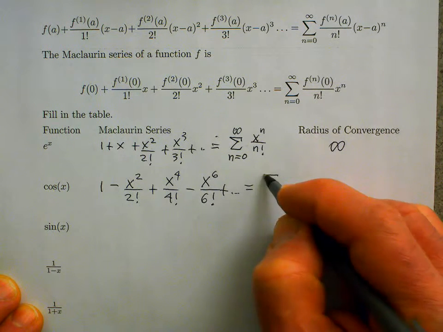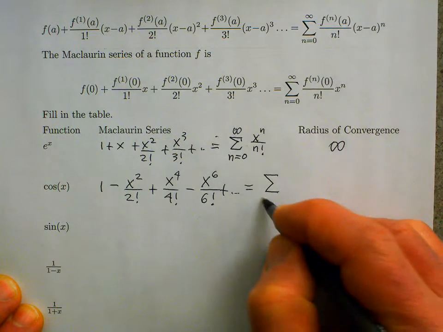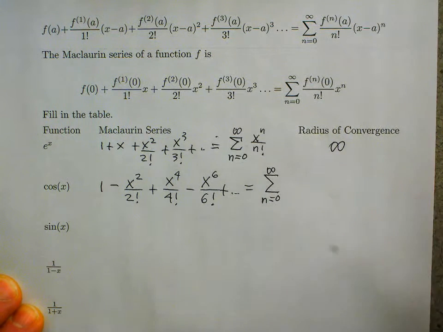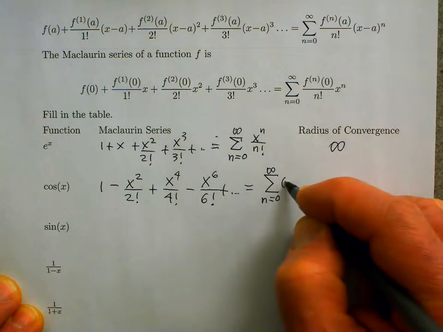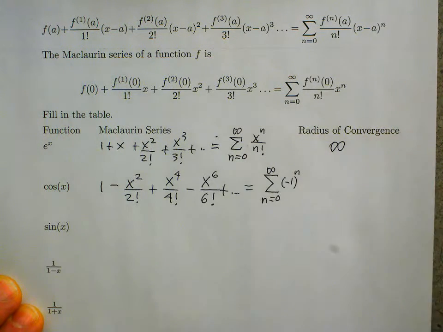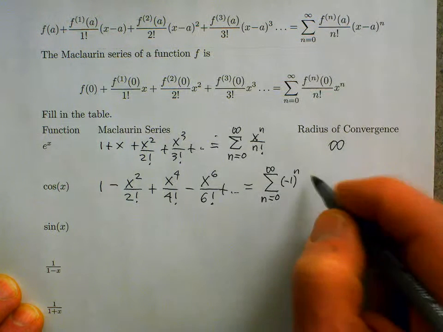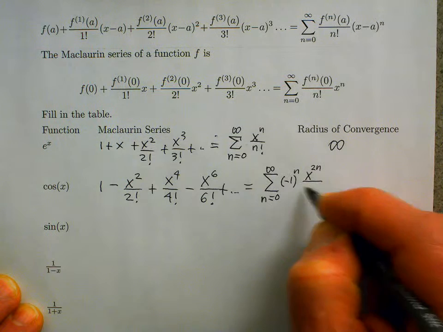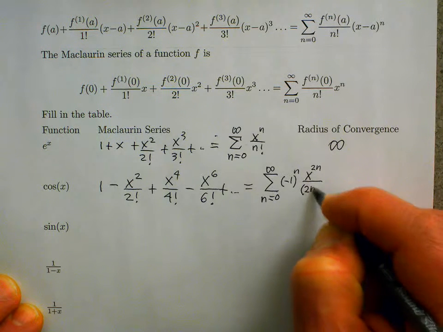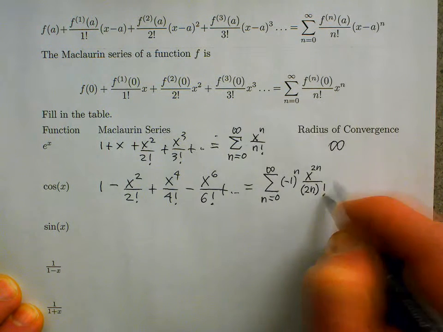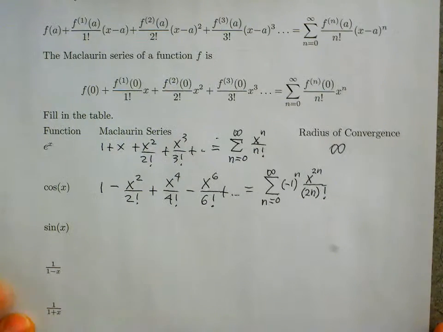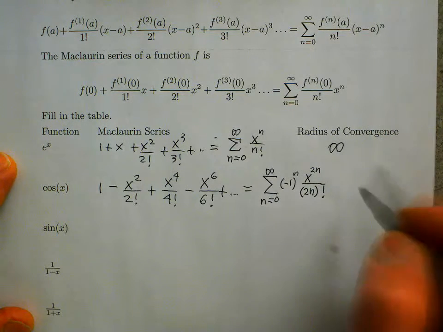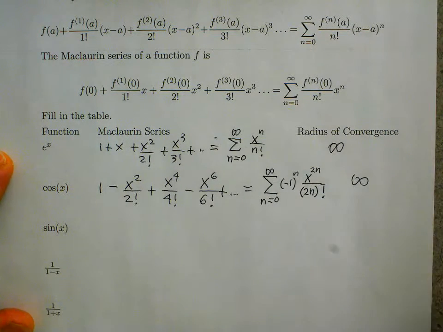So in sigma notation, from n equals 0 to infinity, it's an alternating series, so -1 to the n, and then we have x to the 2n divided by 2n factorial. The radius of convergence for the Maclaurin series for cosine of x is also infinity.